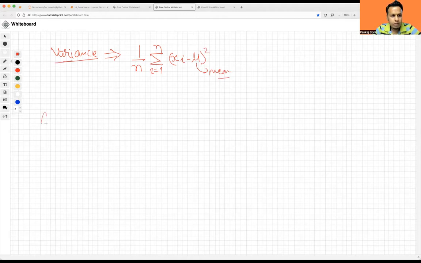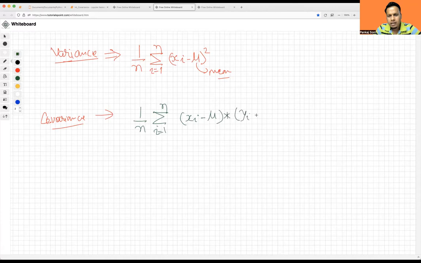Now what is covariance? How do you calculate covariance? Let's see the formula. It is 1 by n, a very similar formula, summation of i equal to 1 to n, of x i minus mu x multiplied by y i minus mu y.